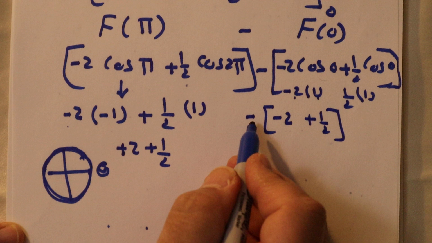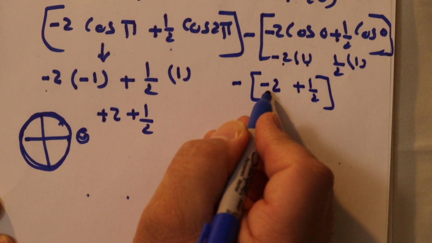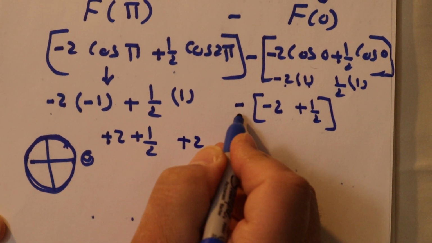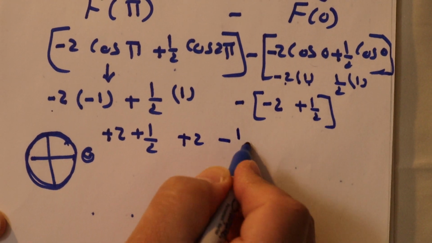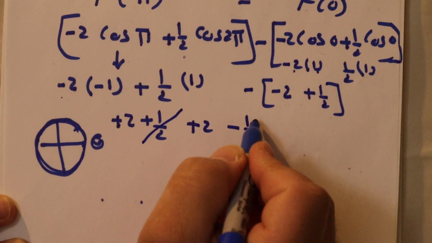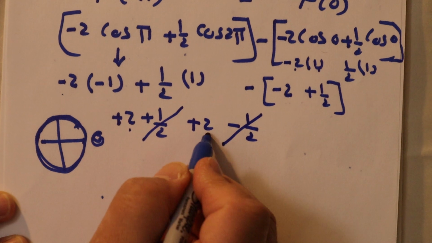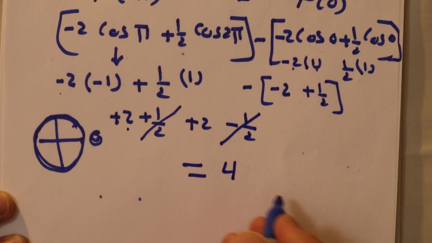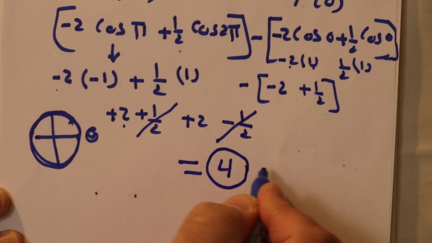If you distribute the negative, negative times negative is positive 2, and negative times 1/2 is negative 1/2. Cancel out 1/2 with negative 1/2. Then 2 plus 2 equals 4. So the area will be 4 units squared.